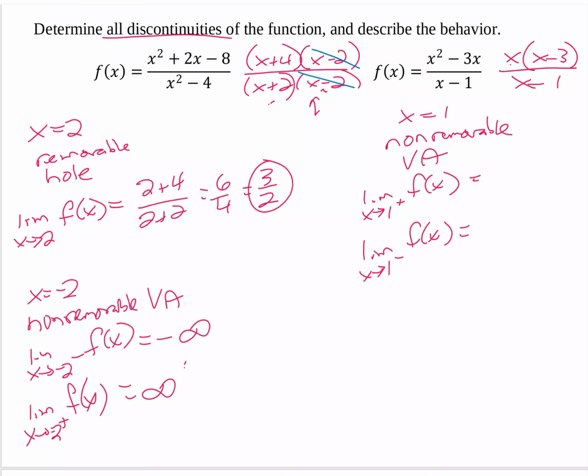So 0.9 on the outside is positive. 0.9 minus 3 on the inside is negative. Positive times negative on top is negative. On the bottom, what do we have? Negative small. We have a negative on top divided by a negative small on the bottom, which is a positive result, so we are going to positive infinity, okay? The factored form is easiest to work with, and that's why a lot of times we don't multiply anything out in this class, okay? We like factored form. How about this one?